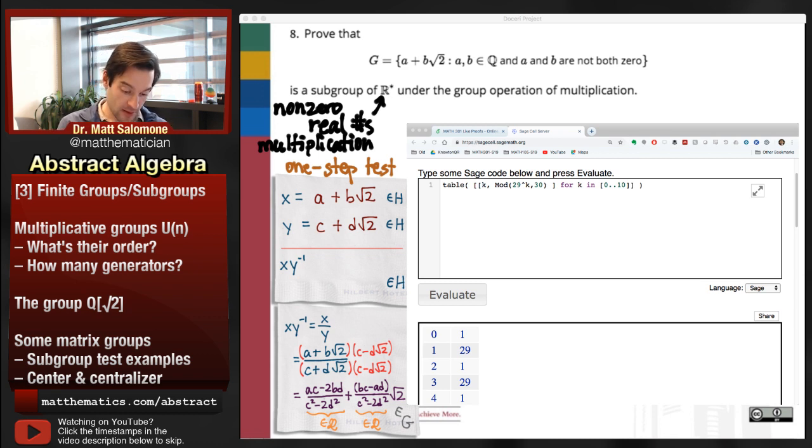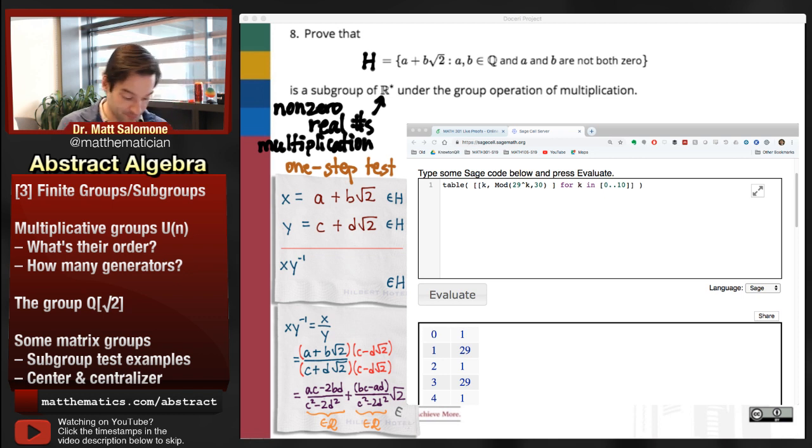Sorry, I'm switching notations here. Let me choose a notation and stick with it. I tend to use H as the name for my subsets and subgroups, so I'm going to change the original statement of the problem to reflect that.